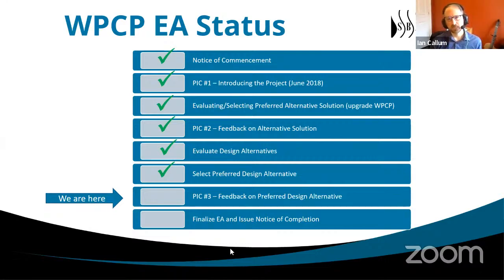And the intent here is to take feedback from anyone tonight, or follow-up questions from this presentation tonight, and then to go away and incorporate that feedback into the EA and complete the EA document at that point and file the notice of completion to end the Class EA process for this project.